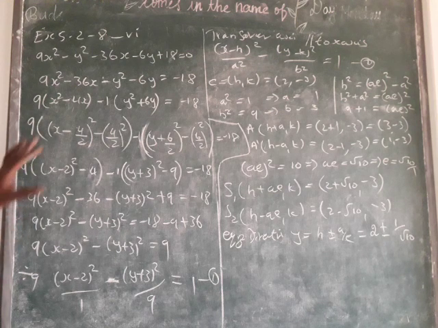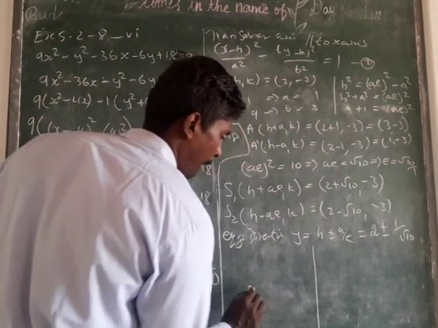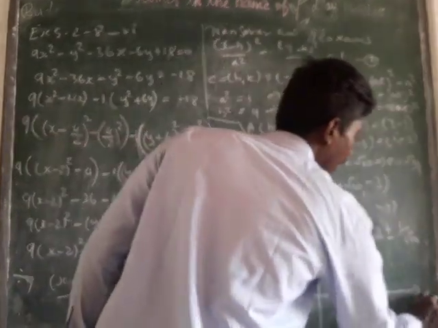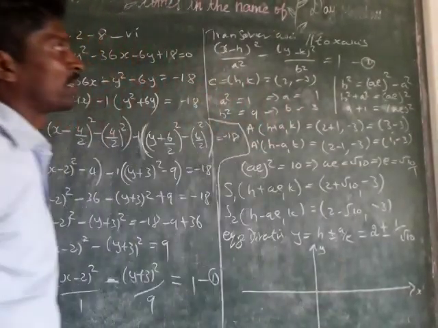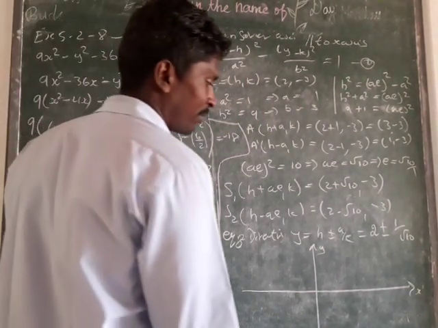Now we want to draw the diagram for all of this. Just draw a rough diagram with x and y axes. The center is 2 comma minus 3, so the x value is 2 and the y value is minus 3.